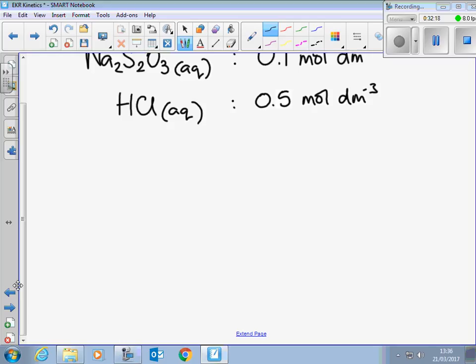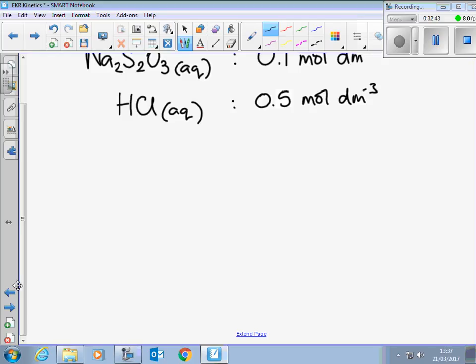You're going to use boiling tubes and 10 centimetre cubed of each solution. So what I started describing, which I didn't finish, is that the hydrochloric acid is in a big bottle, the thiosulfate is in a small bottle. What you must be very careful of is not to cross-contaminate them as you're measuring them.